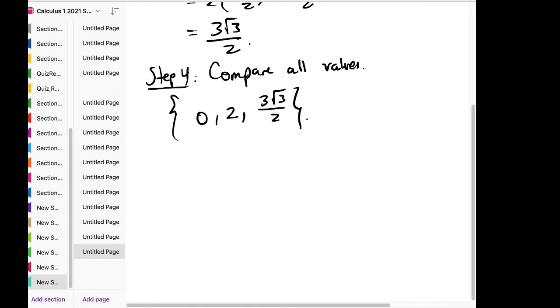How do you know which is bigger, 2 or 3 root 3 over 2, without a calculator? If we were in person, I would do no calculators. So one thing you can do is square them.